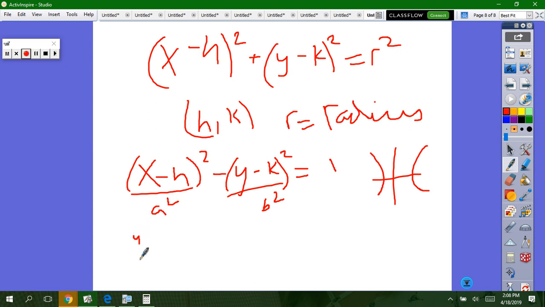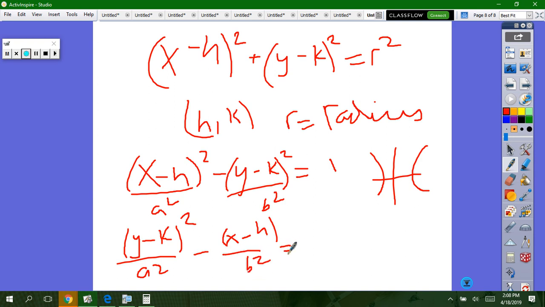If your y is leading, then it's up and down because it's eating the y-axis. That's how I remember. The monster's eating the y-axis. The monster's eating the x-axis. That's just how I remembered it.